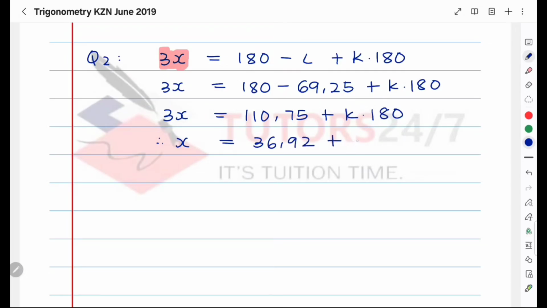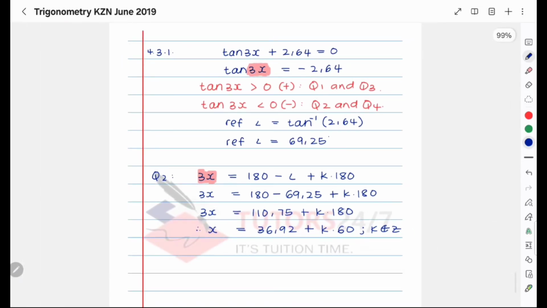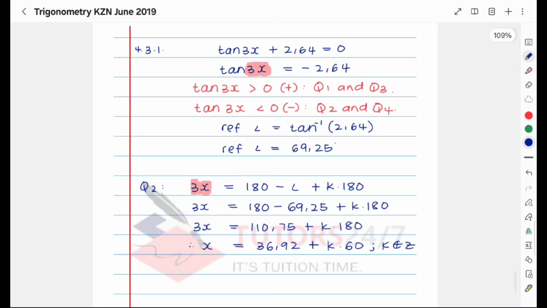And k times 180 divided by 3 is k times 60. Because this is our final solution in quadrant 2, we will use k an element of integers. When dealing with general solution, don't forget to conclude your answer in its quadrants by saying k an element of integers. So we are done with quadrant 2.